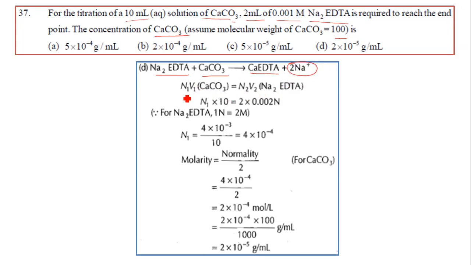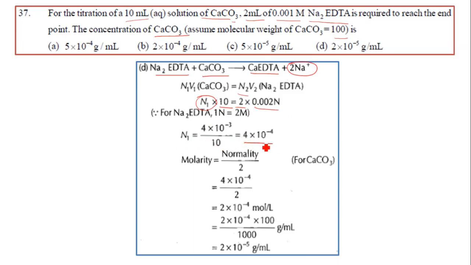Simple formula V1 N1 equals V2 N2. V1 of calcium carbonate is given, 10 ml. N1 of calcium carbonate we don't know. V2 is 2 ml, N2 is 0.002 N. Now N1 is equal to 4 into 10 power minus 4.